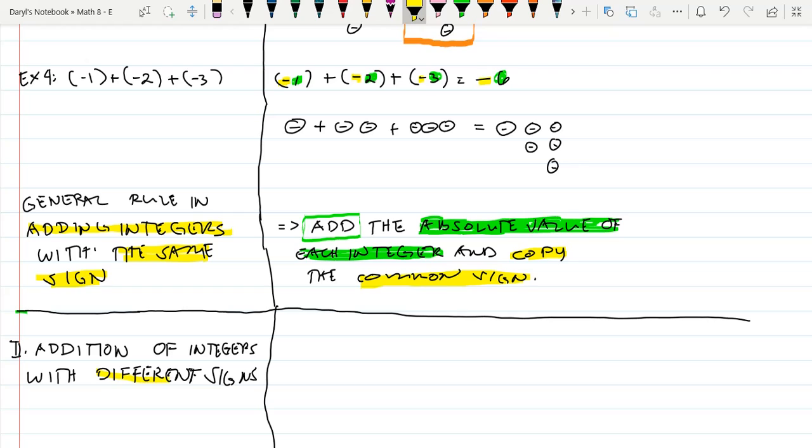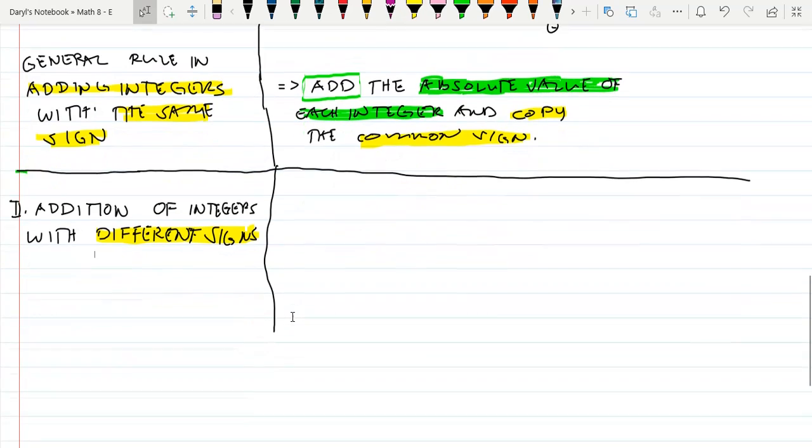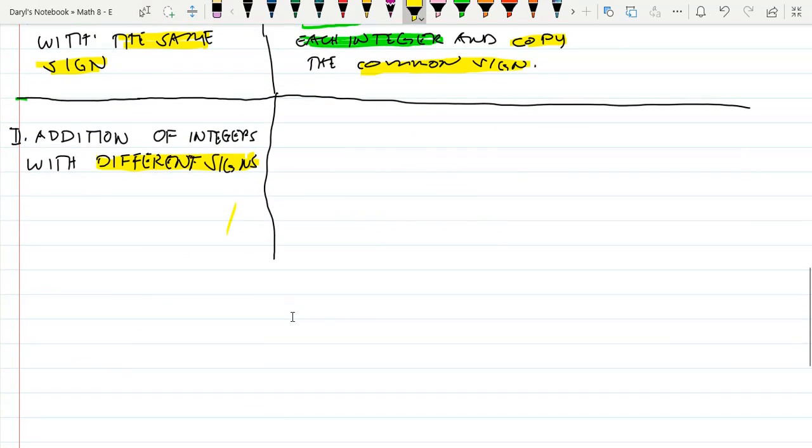In this particular case, we're talking about a positive added to a negative, or a negative added to a positive number. Okay, so how do we add these two integers if we have that particular case?